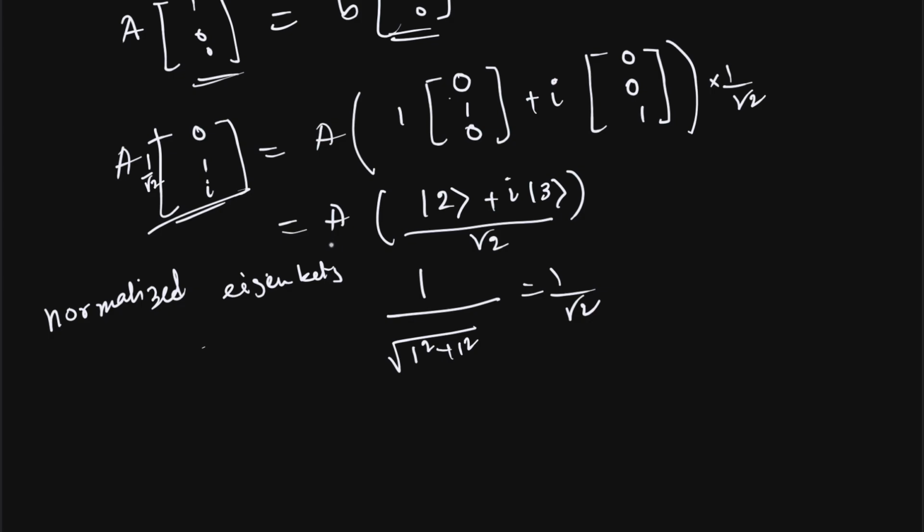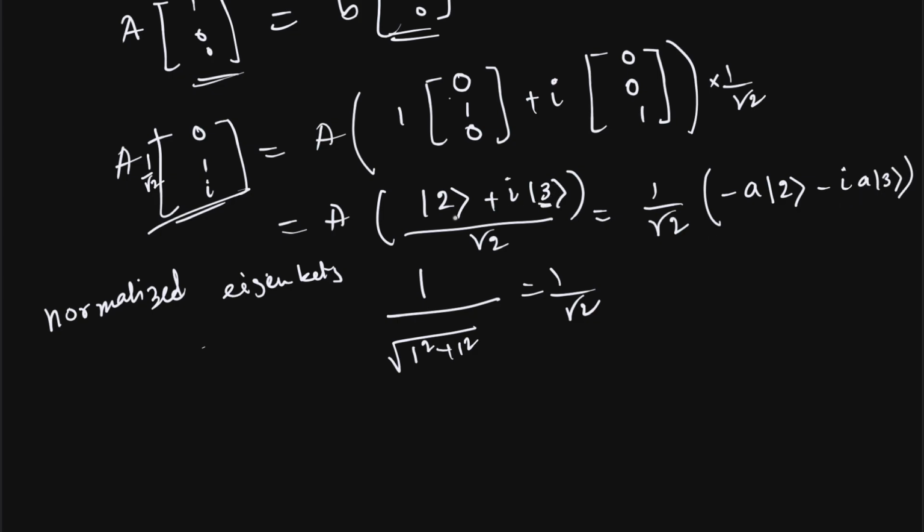Again we know that if we operate on this state, since |2> and |3> have the same eigenvalue minus a for the operator A, this will be 1 by root 2 times (minus a|2> minus i a|3>).